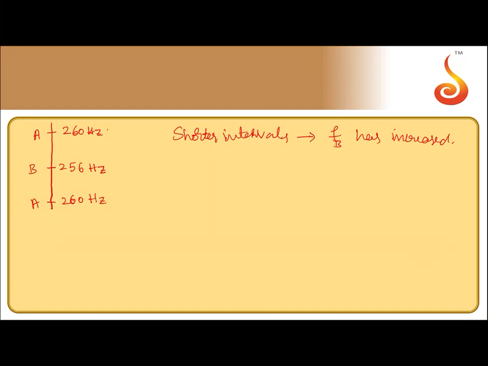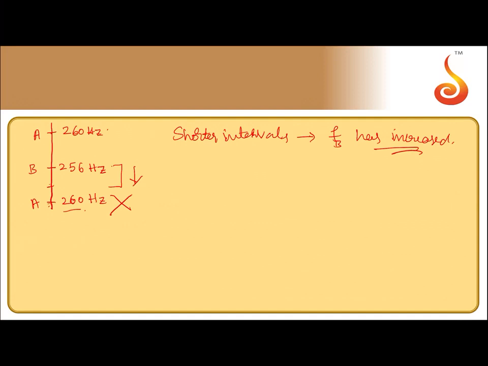Now let us check the situation. On filing, if A is 260 Hz, then its frequency should go down, close to 256, so the beat frequency should have decreased. Here it is increasing actually, so it is not the answer.